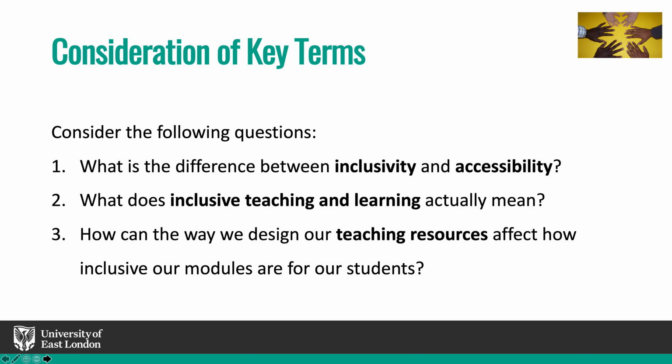And by that, I'm talking about font, style, colour, how busy the content is on the page, in the things that you give to your students, such as PowerPoint slides, PDFs, Word documents, and other digital resources in particular.